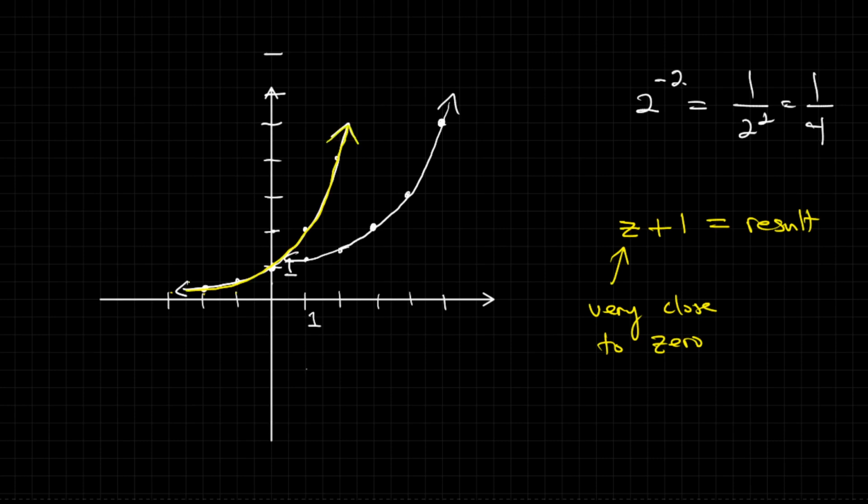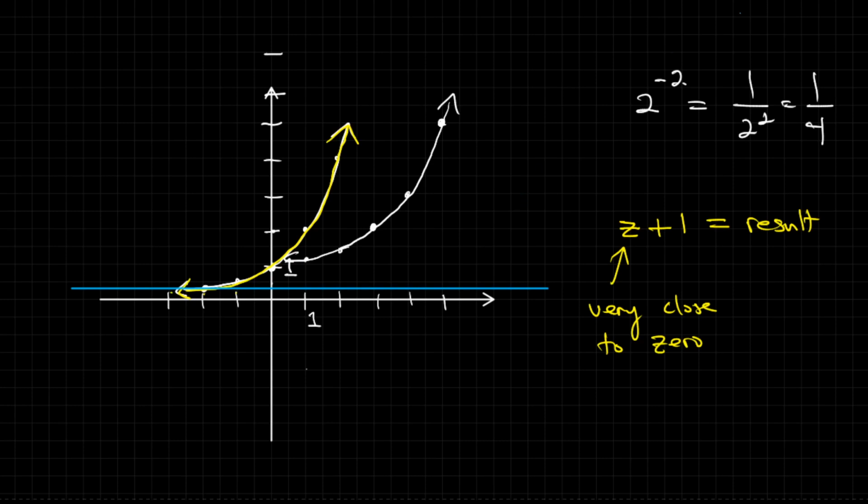So for this original graph, we have a range of all numbers bigger than 0. It's because every y value that's bigger than 0 gets hit by the graph. Again, you can test that by drawing a horizontal line at any y value, and if you get a crossing, that tells you that that y value is in the range.